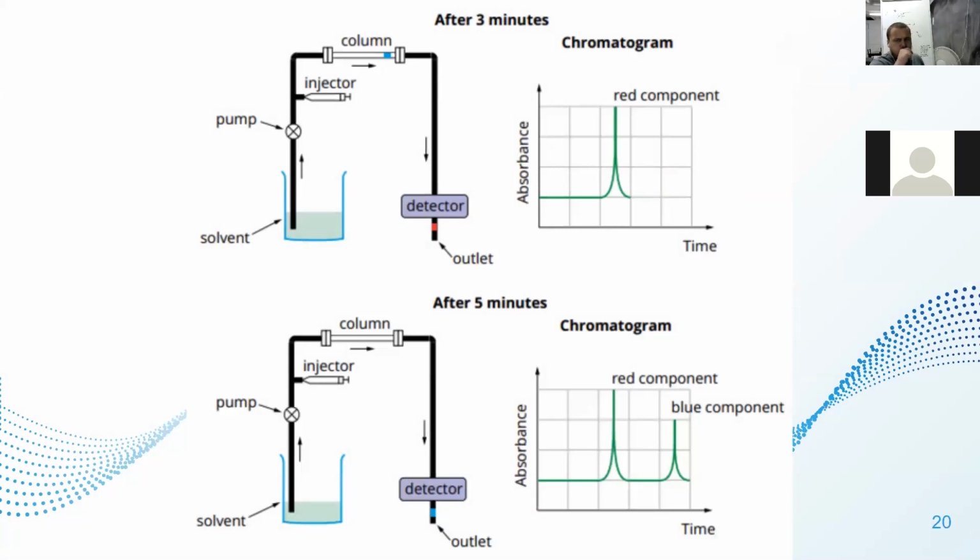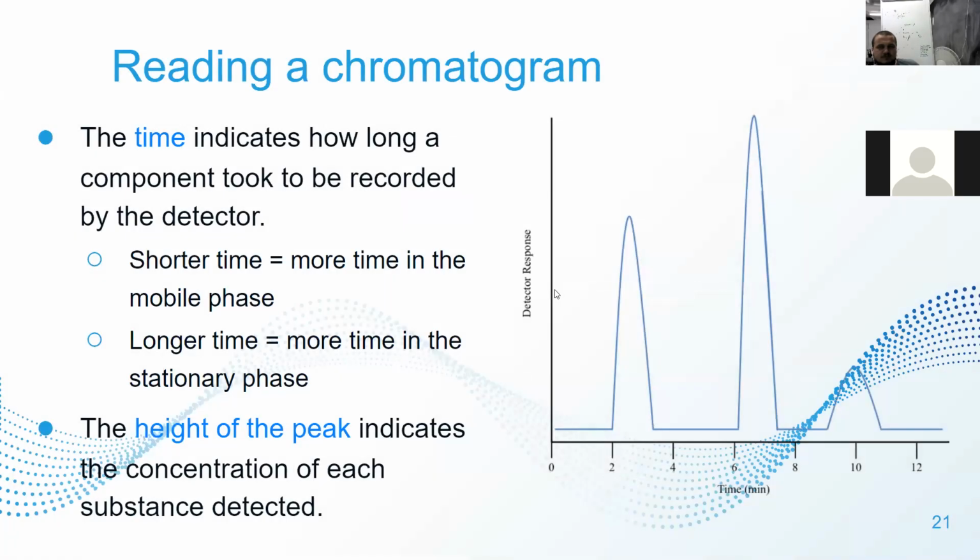So these peaks tell us that after a certain amount of time, the red component is coming out. It also tells us in relative terms how much of something there is. The bigger the peak, the higher the concentration compared to all of the other components. So here at 2 minutes, we registered a peak, 6 minutes registered a peak, and then 9 minutes again.